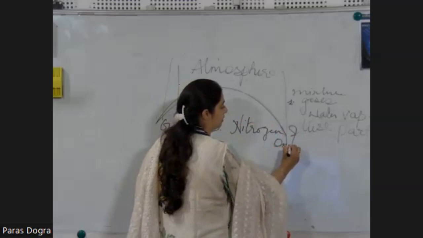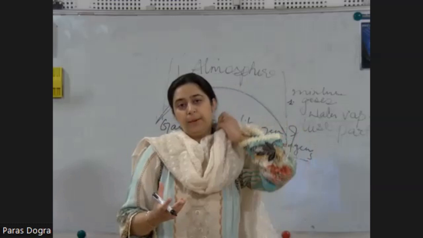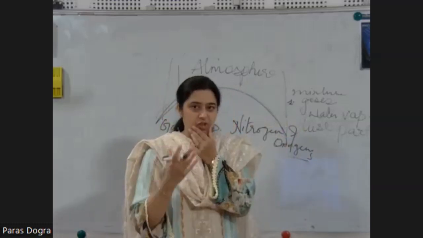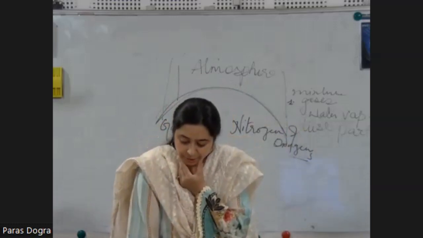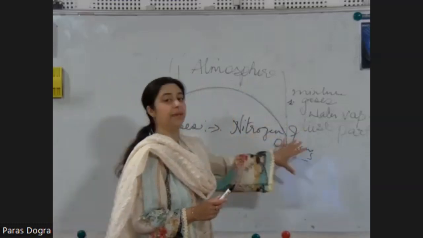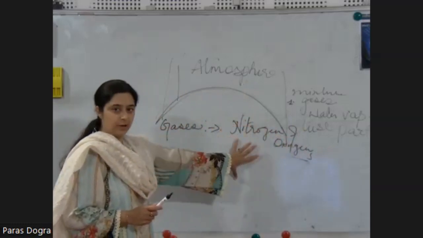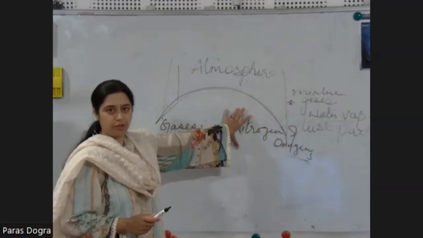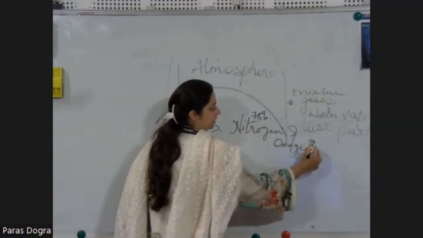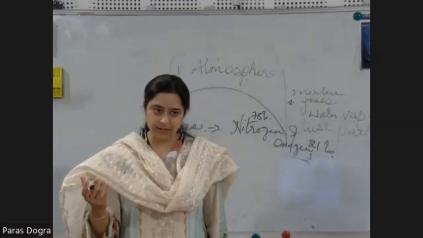Nitrogen and oxygen are the major components which form the Earth's atmosphere. Together they make up 99% of the atmospheric gases. In that, nitrogen plays a very important role with its percentage of 78%, and oxygen is nearly about 21%. The remaining 1% is shared by many other gases.